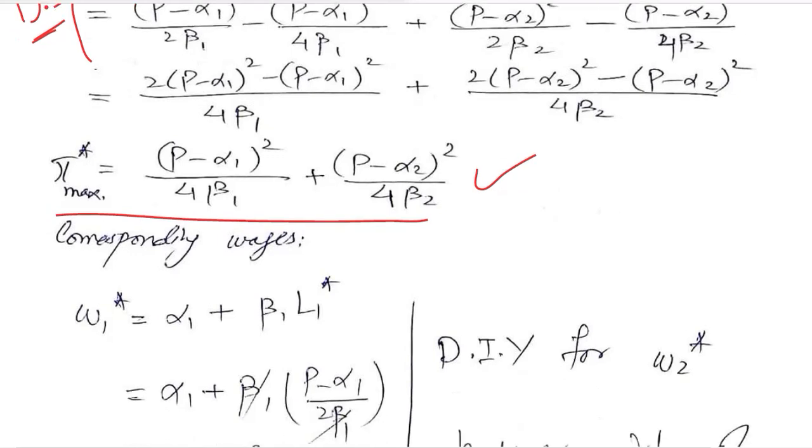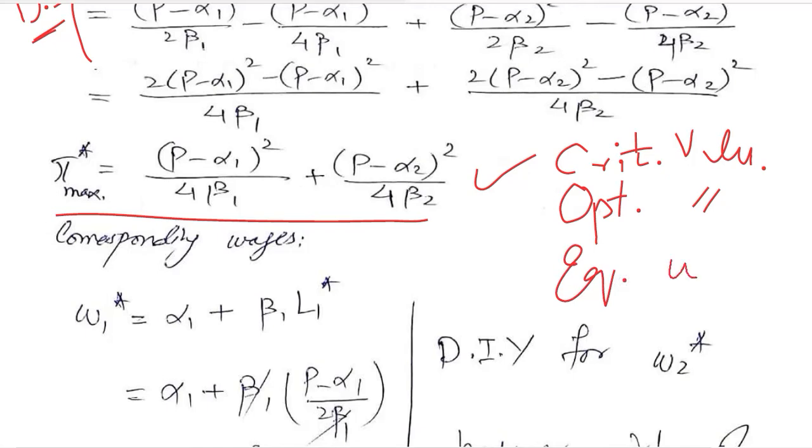So we can also find another thing here. Even though we have found the critical values and we have also found the optimized value, we can still find another important value, and that is the equilibrium level of wage, because wage is to be paid. It's an important question that can be asked by the monopsonist, and it is also a serious concern for the labor.